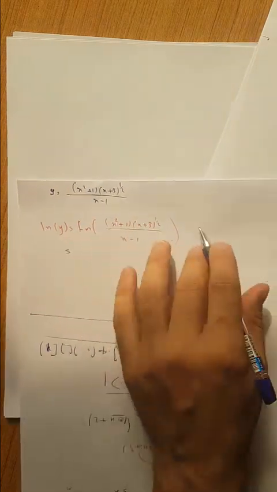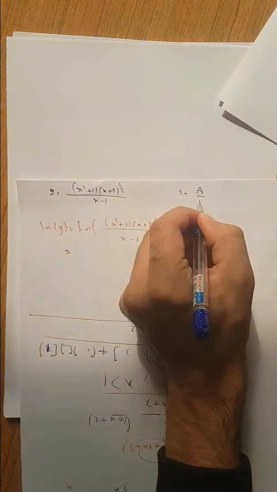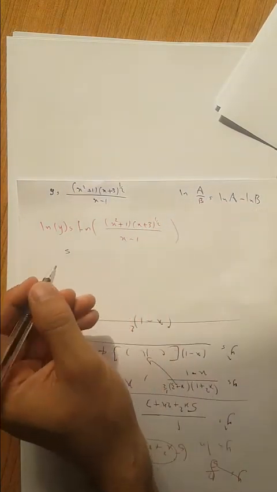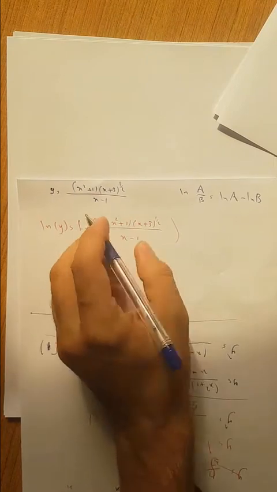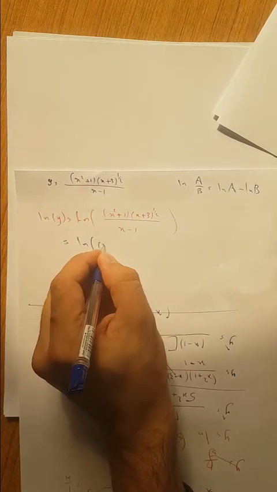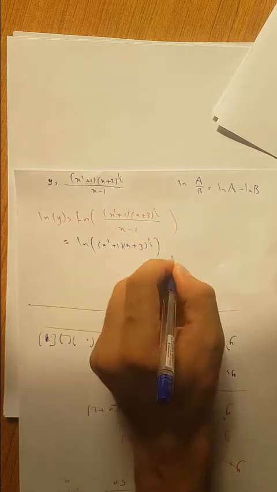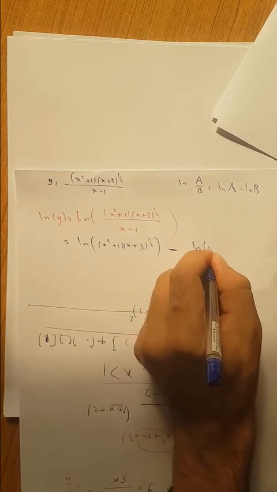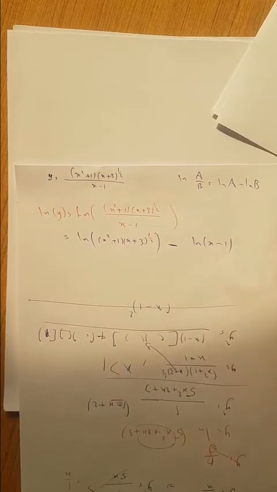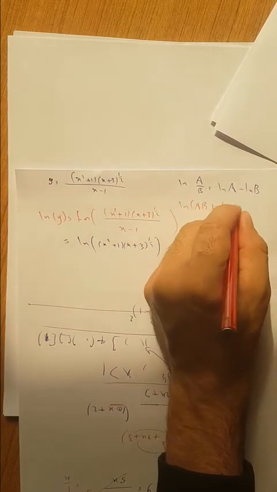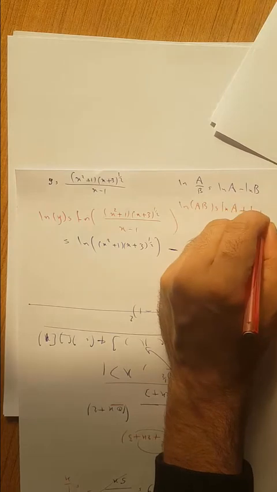For example, you know ln of a over b is equal to ln a minus ln b. So in that case I will get ln of the numerator, x squared plus 1 times x plus 3 to the 1 over 2, minus ln of the denominator.